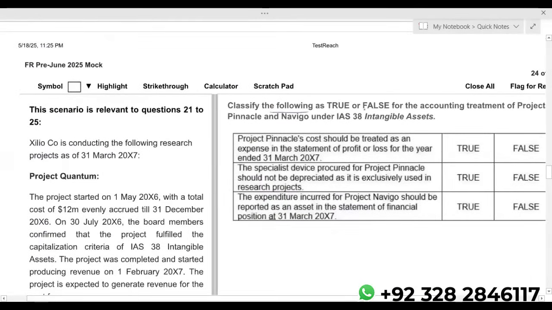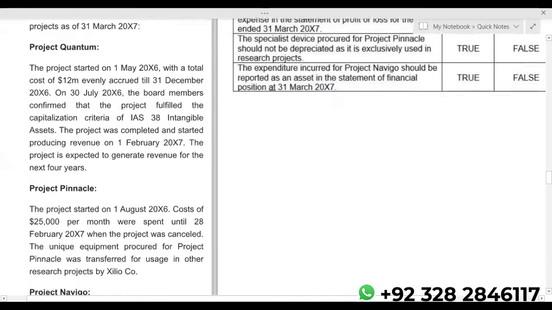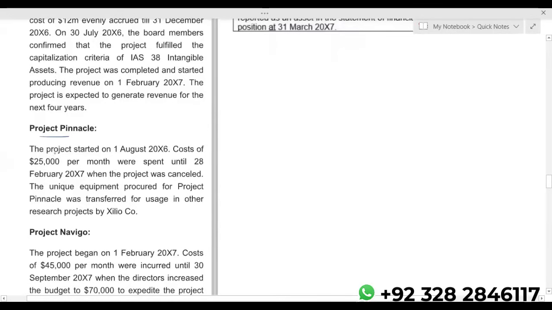Classify the following as true or false for the accounting treatment of Project Pinnacle and Navigo under IAS 38 intangible asset. So let's first read. Project Pinnacle. The project started on 1st August. Costs of 25,000 per month were spent until 28 Feb X7, when the project was cancelled.